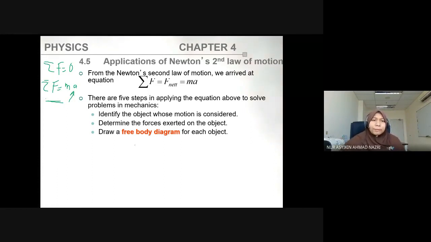So here at first we will start with: identify the object whose motion is considered.